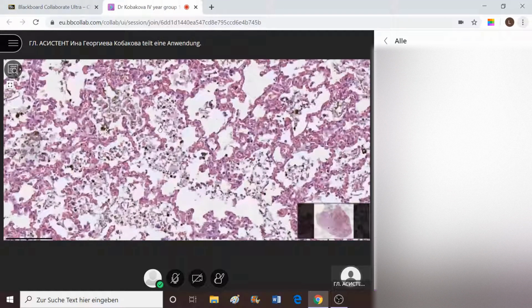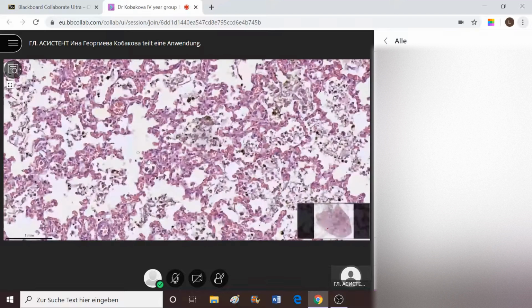Something else which appears a little bit more brownish yellowish as pigment diffusely inside in the alveoli. This is meconium, the child's meconium, which is excreted inside in the amniotic fluid, and the child inhaled it. So it's filling the alveolar spaces on the inside along with its fluidish stuff, and it prevents lungs from functioning further when the child is taken out from the organism of the mother or it's born.